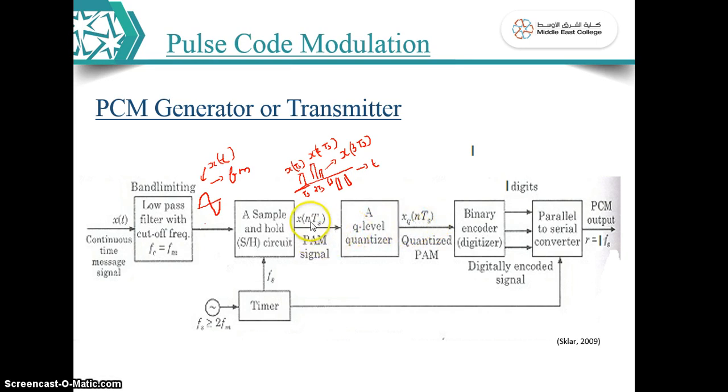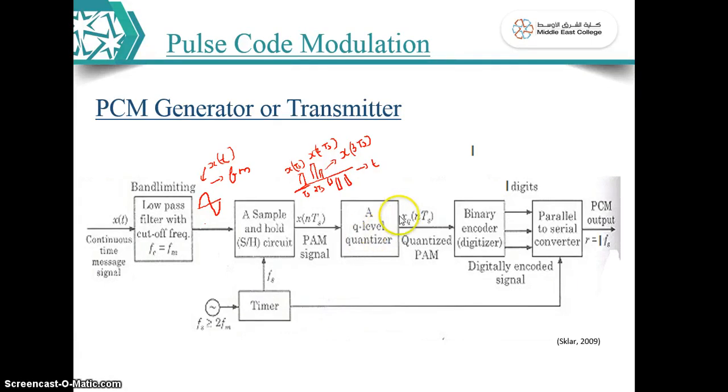Each x(nTs) will be compared against fixed digital levels, and it is assigned to the digital level it is nearest to. So it is not exactly x(nTs); it is assigned to the nearest quantized value. That output is called x_q(nTs). There will be a difference between the quantized output and your actual x(nTs). That is called quantization error. So we apply the quantizer levels in such a way that the quantization error is minimum.